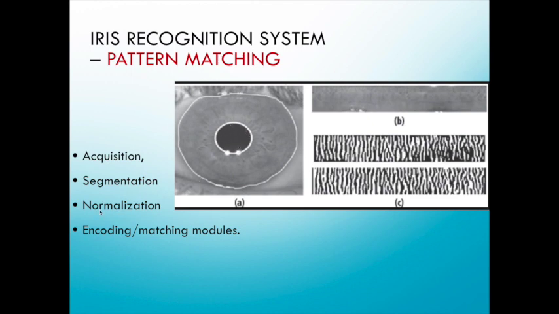Then there's another stage called normalization, where you sort of unwrap the iris. It's like cutting the image right down there and unwrapping it, flattening it out into a straight two-dimensional image. That's going to be processed further. It's going to be binarized into a monochromatic image and then finally encoded. But it all begins by using this near-infrared camera.